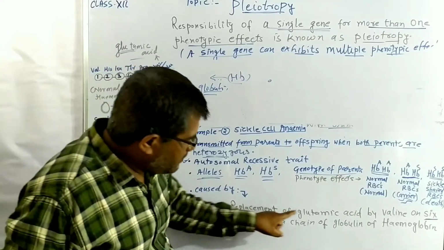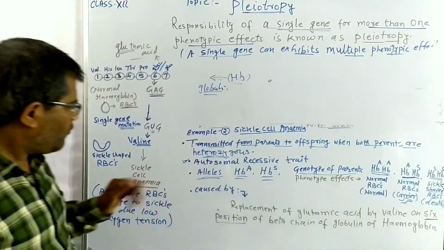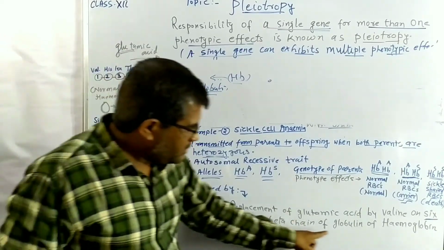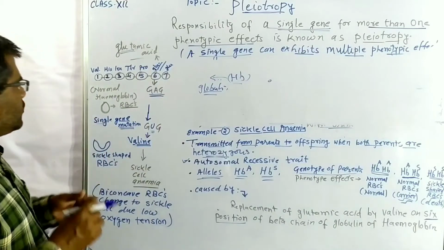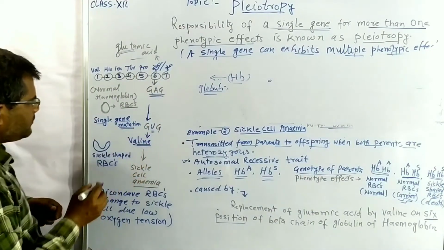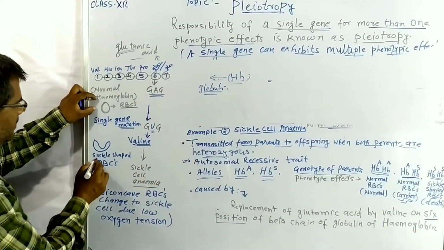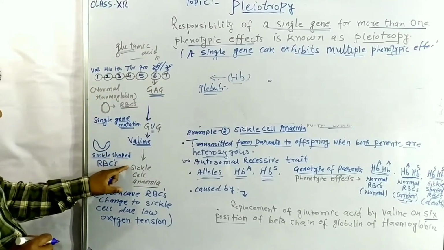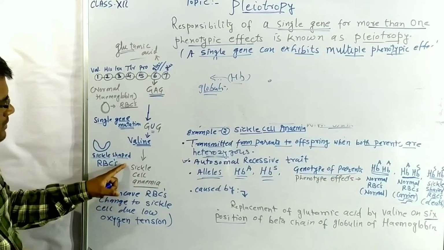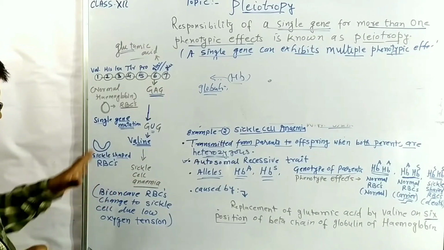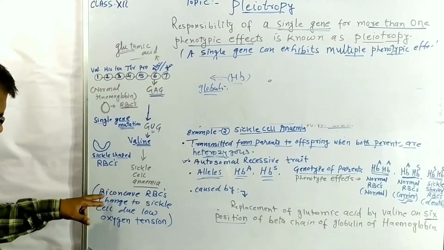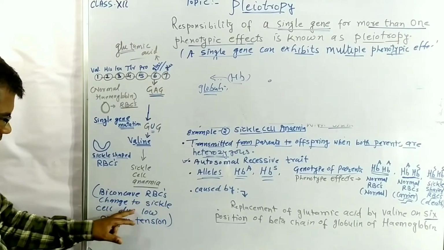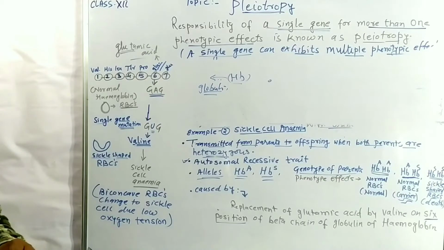So replacement of glutamic acid by valine on the 6th position of the beta chain of the hemoglobin. In such cases, when valine is formed, the normal RBC is changed into sickle cell, and it causes the disease called sickle cell anemia. Sickle cell anemia is caused by biconvex RBC changing to sickle cell due to low oxygen tension.